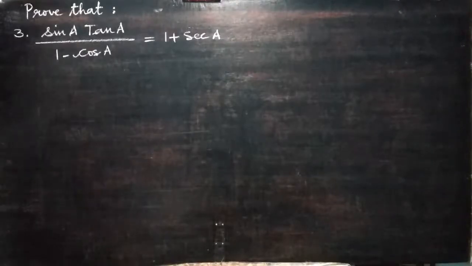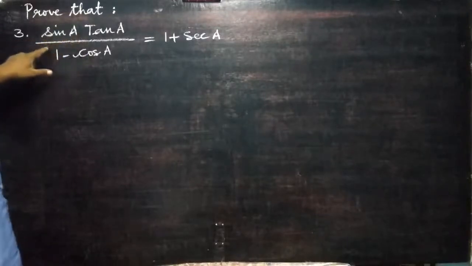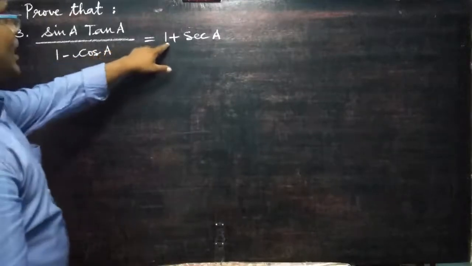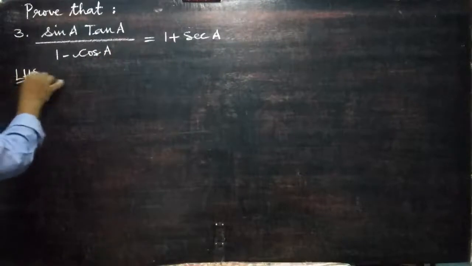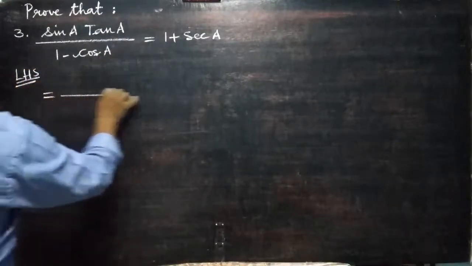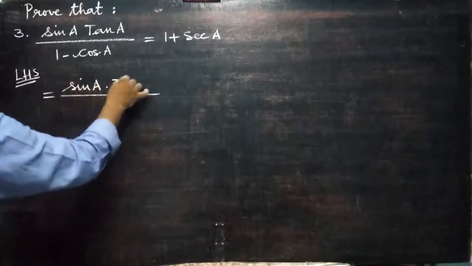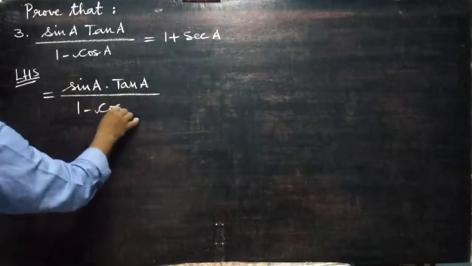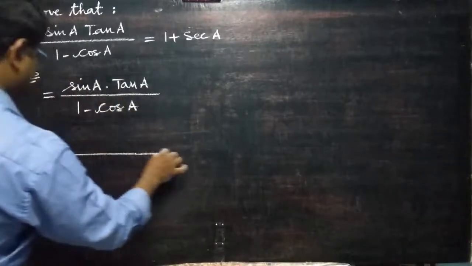Now the third problem. Prove that sin A into tan A divided by 1 minus cos A is equal to 1 plus secant A. So take LHS. What is LHS? Sin A into tan A by 1 minus cos A. Tan we can write, just now we have learned.